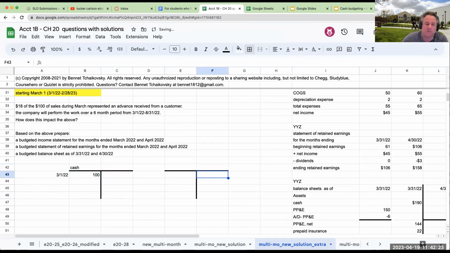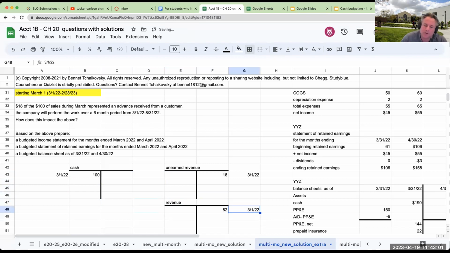If I received money on March 1st that was an advance payment for work I have not yet done, but will be doing over the next 6 months, I need to credit unearned revenue on 3/1/22. Be very mindful of the dates. The remaining amount, since whenever I make a journal entry my total debits have to equal my total credits, this 82 would be the regular revenue.